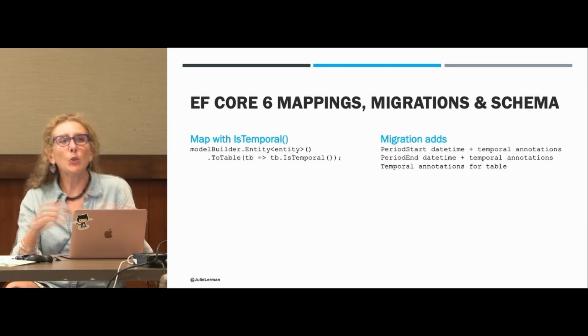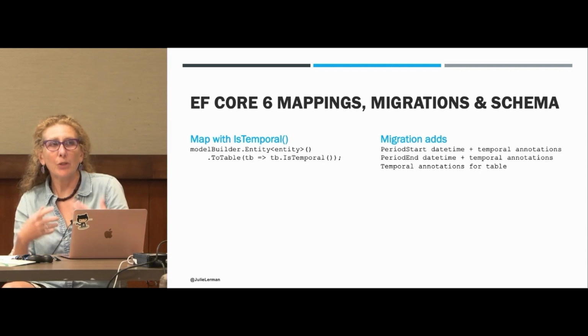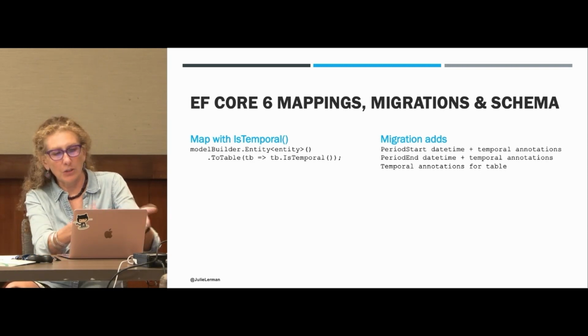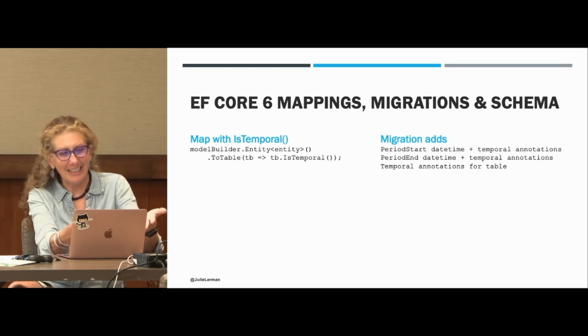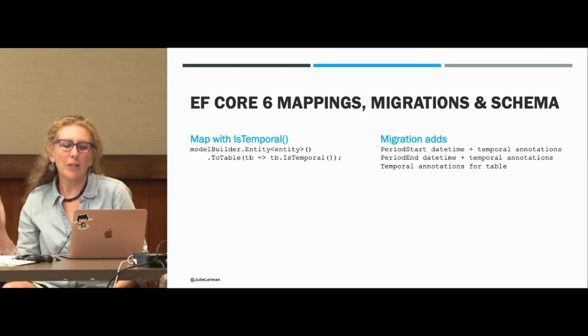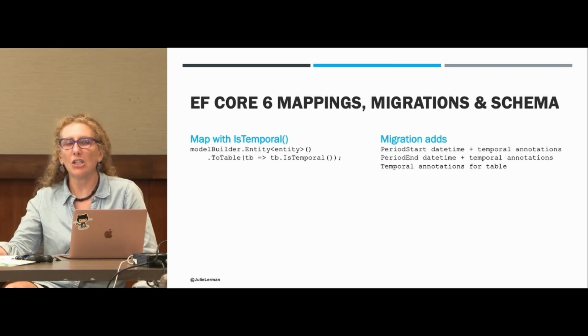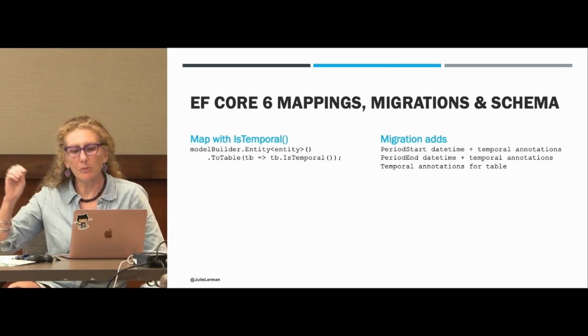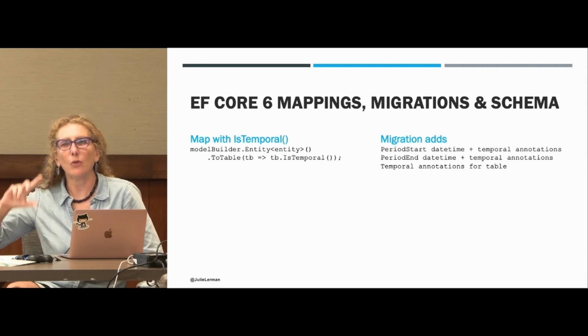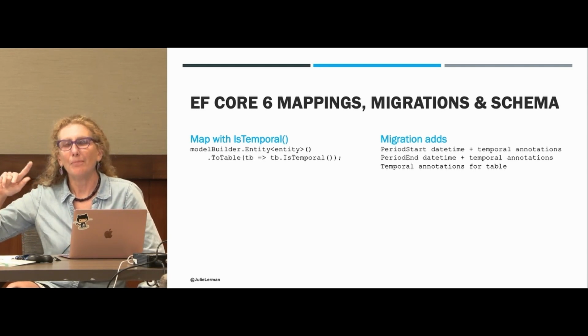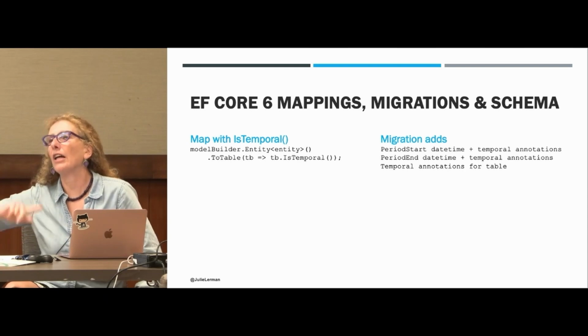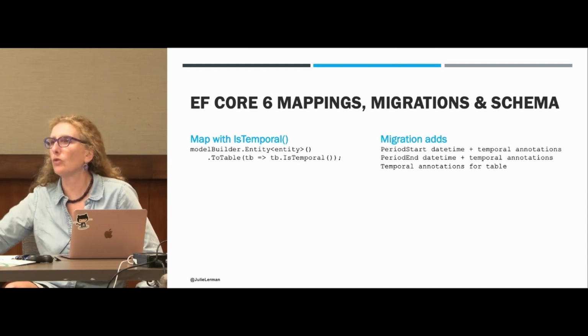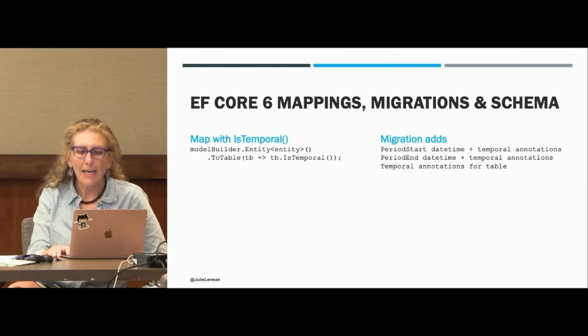And when you create a migration that sees this mapping, it's going to add those start and end time columns, and also some specific annotations so that when migrations reads that file and creates the SQL, it knows what to do.